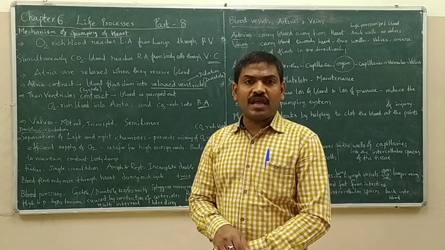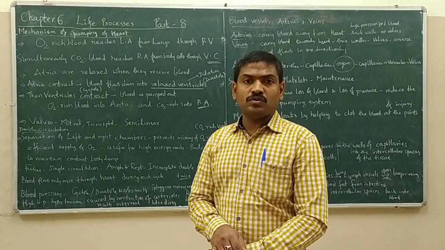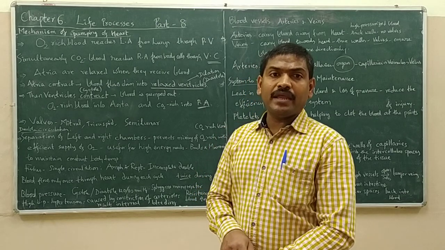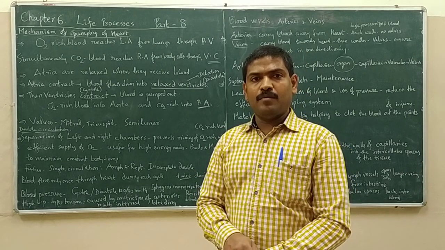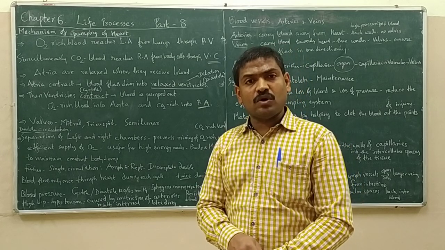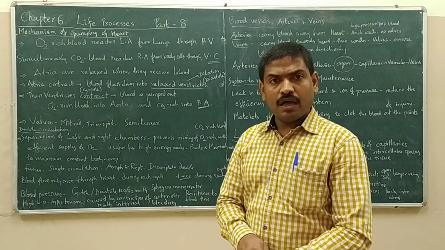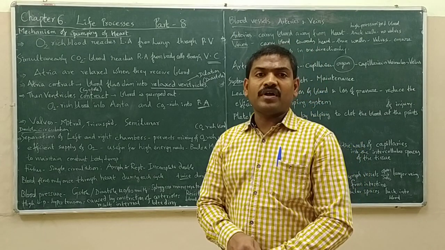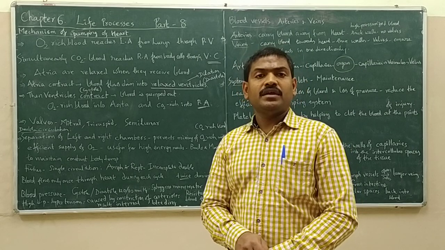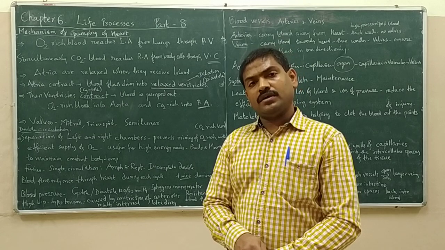The right ventricle is connected to a larger blood vessel called pulmonary artery. And the left ventricle is connected to a larger blood vessel called aorta. So, from the right ventricle, the carbon dioxide rich blood is pumped out into pulmonary artery.